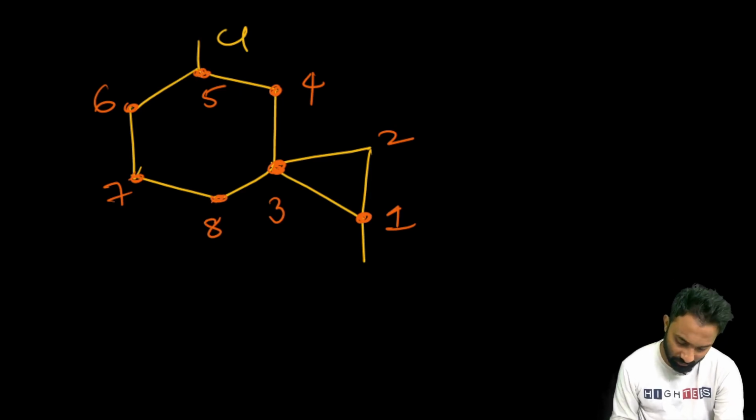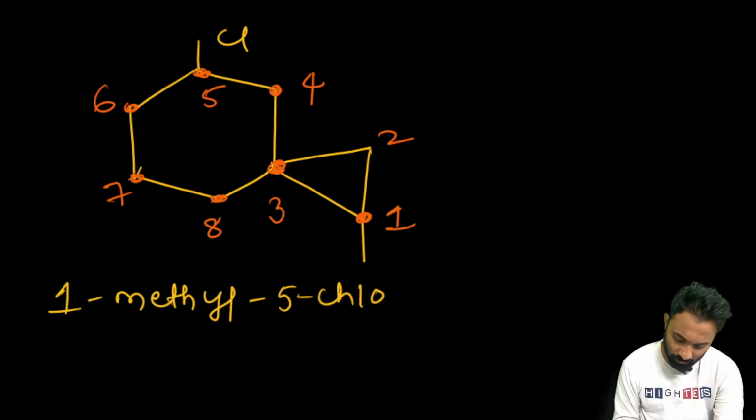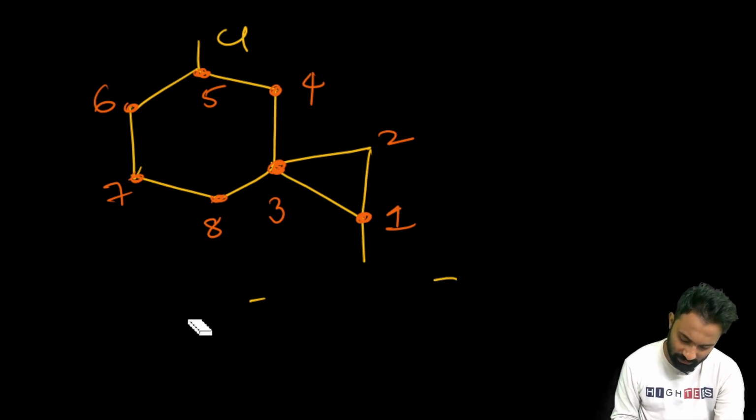Then how to write the naming for this compound? Naming will be 1 methyl, 5 chloro. Sorry. Then you have to go on the basis of alphabetical order, right?